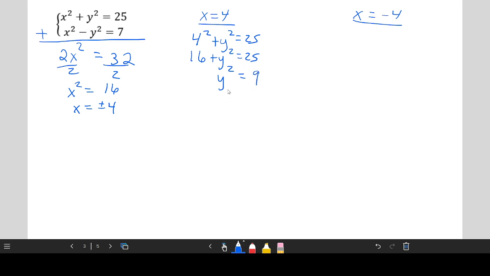And so we get y squared is 9, and again, be careful there. There's 2 numbers we can square to get 9. So when x is 4, y can be 3 or negative 3. So already we have 2 solution points there. We have 4, 3, and we have 4, negative 3.